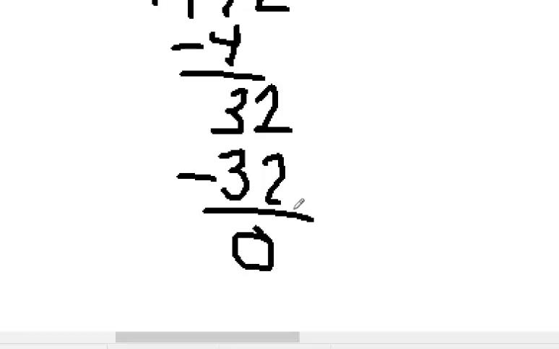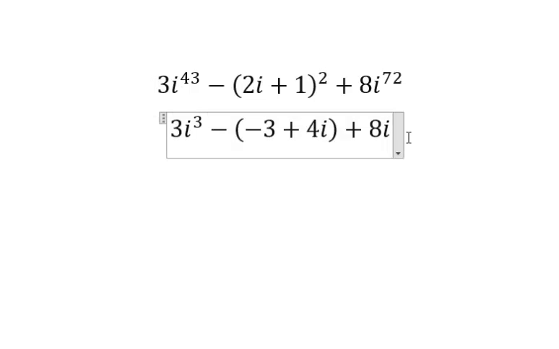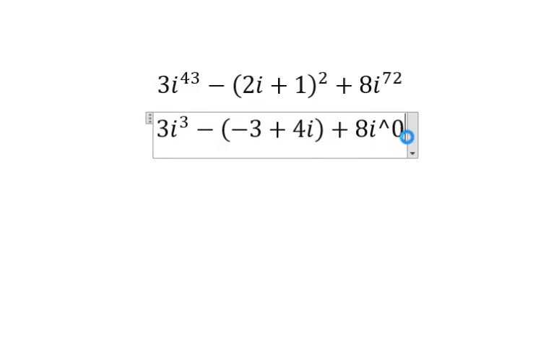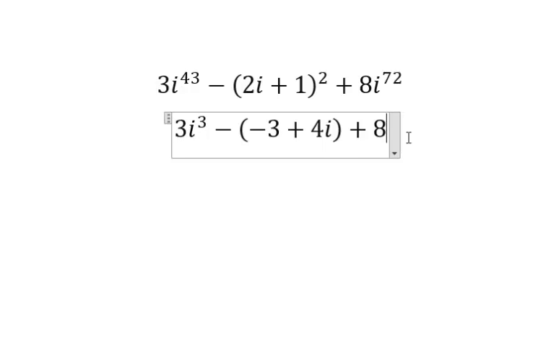Okay, that's the remainder. Okay, remainder is 0. So this is basically i to the power of 0. Okay, but you know that when you have something to the power of 0, basically what you have is 1. In other words, it disappears because I already have the 8. 8 times 1 will be the same 8.